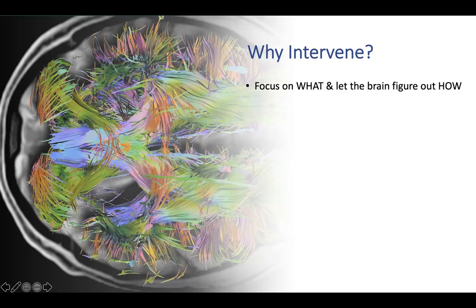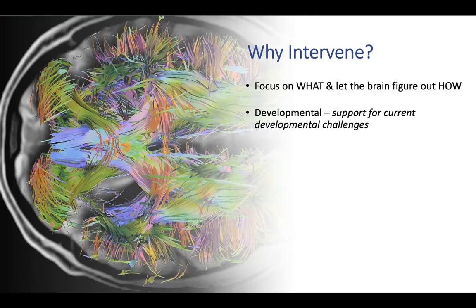Let me put this a different way. When we think about intervening, one type of intervention is developmental. It's a way we can support the current developmental challenges. You know that your child has a brain malformation. If you found out very young, you know that they may progress very typically, but they may have some struggles.